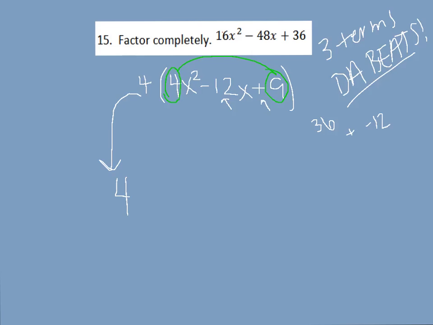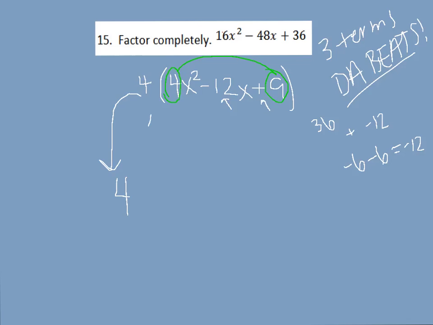Factors of 36 that are going to add to negative 12. Okay, so I figured out we have negative 6 and negative 6. When I add those together, I get my negative 12.